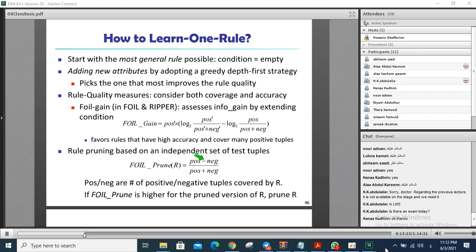Also, in the second rule, we have a similar behavior, but in the third rule, we can see that it only covers the tuples in the positive area. It does not cover negative examples.